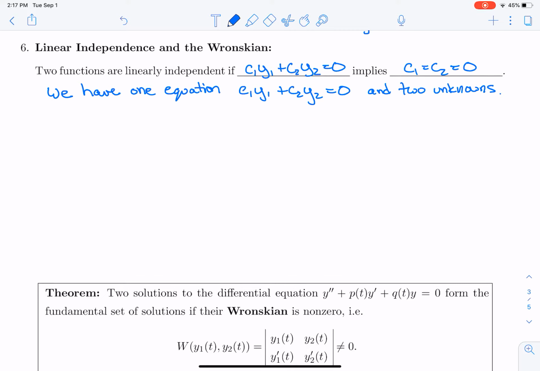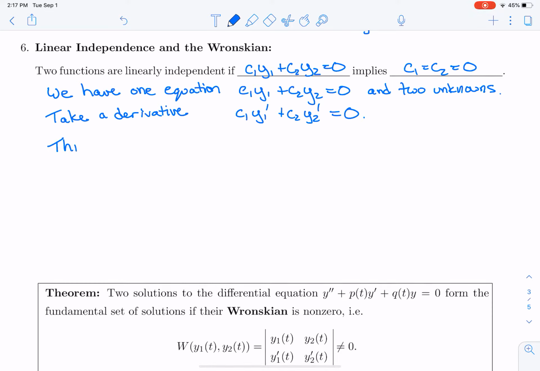Well, we would take a derivative. If we take a derivative of our equation, then we're going to get a second equation. That equation would be that c1y1 prime plus c2y2 prime is equal to 0. And so now I have two equations and two unknowns. And so now I can show when c1 and c2 must both be 0.